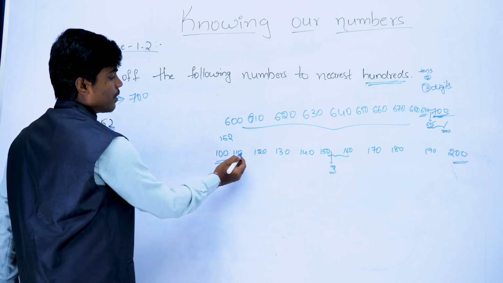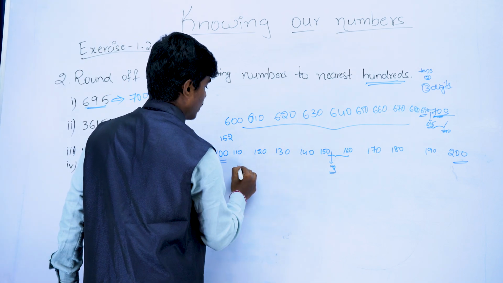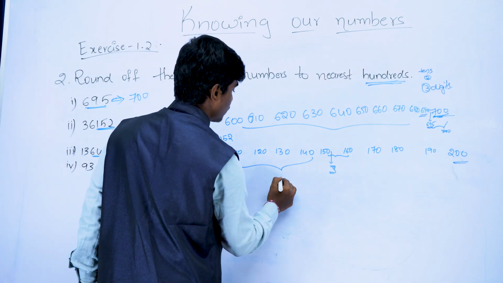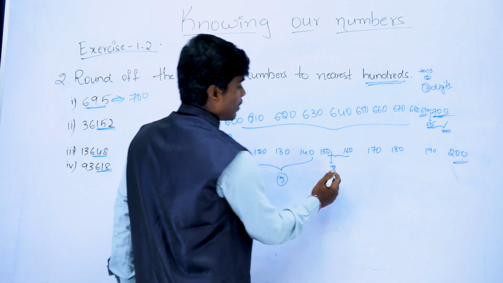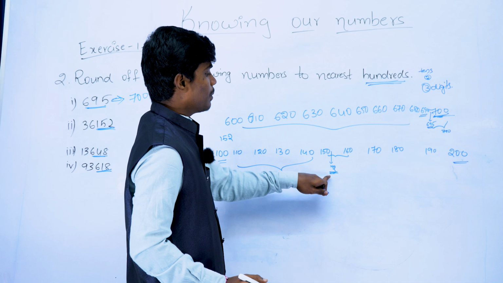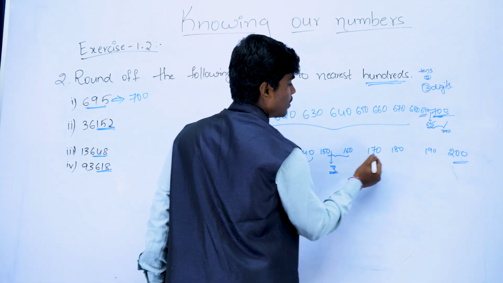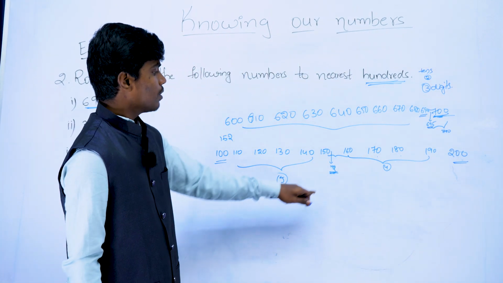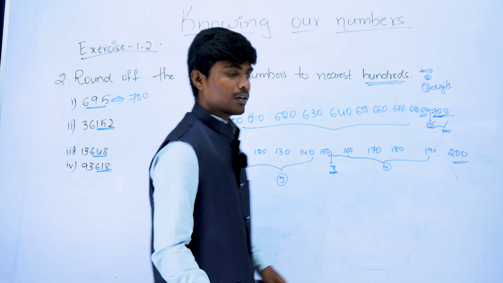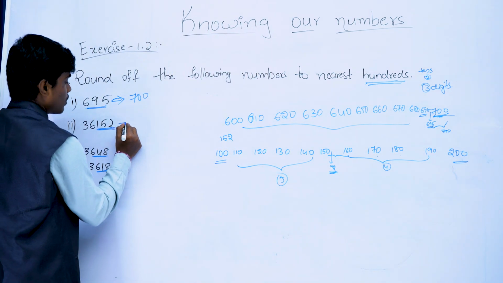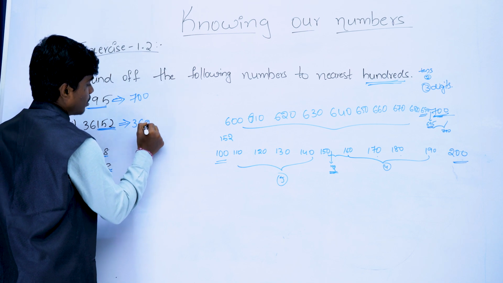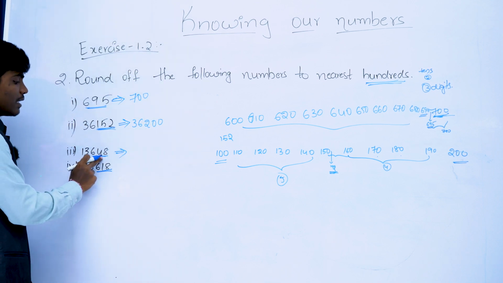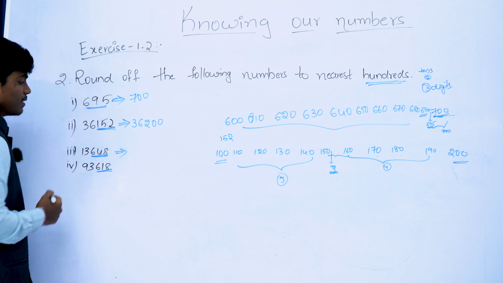The numbers between 100 and 152 are 5. Between 152 and 200 we have only 4 numbers. So 152 is nearer to 200 and is rounded to 200. So the answer is 36,200.